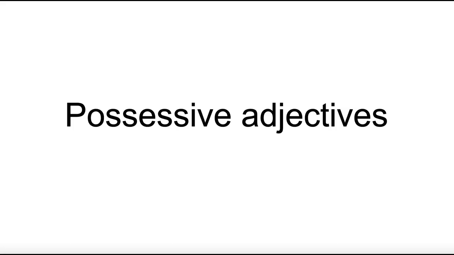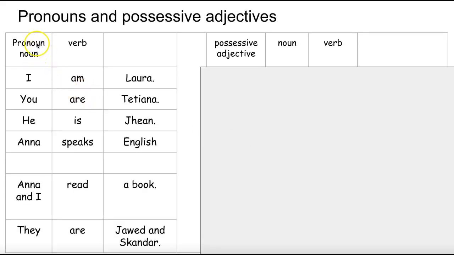Hi, today I'm going to introduce possessive adjectives, which are a new part of speech. But first, we're going to review pronoun usage. So as you know, pronouns can replace nouns.